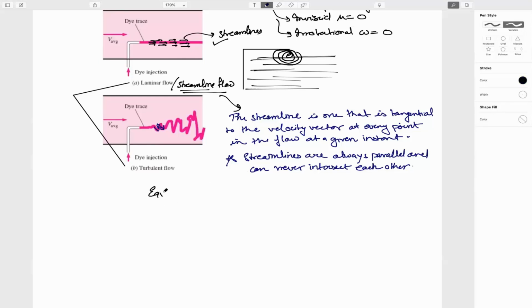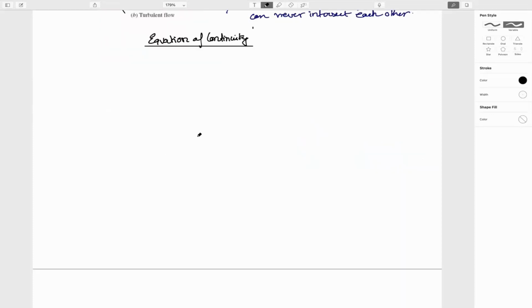Now the equation of continuity we need to discuss. As I told you, for all the equations from now in fluid dynamics, the fluid is ideal plus streamline as well.